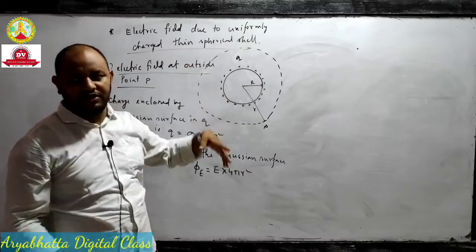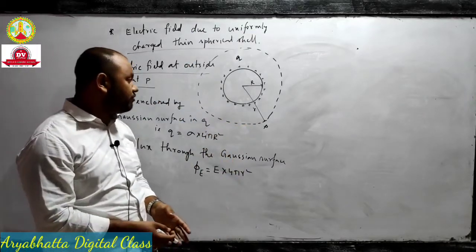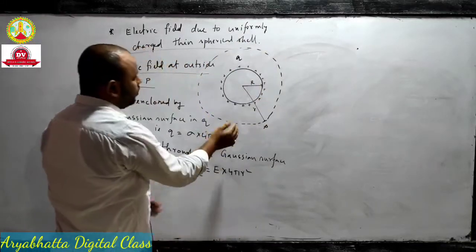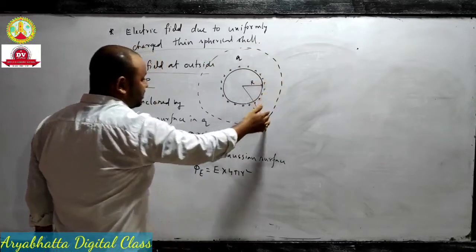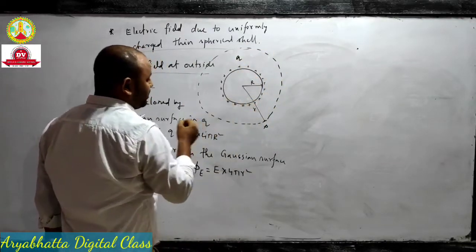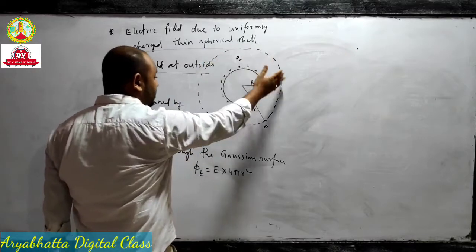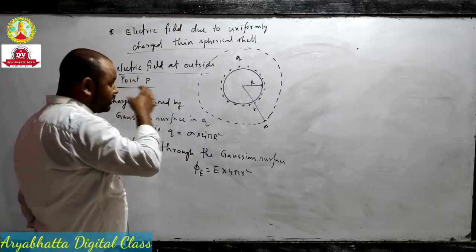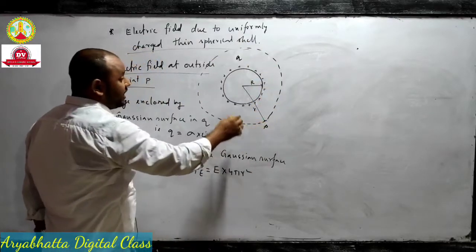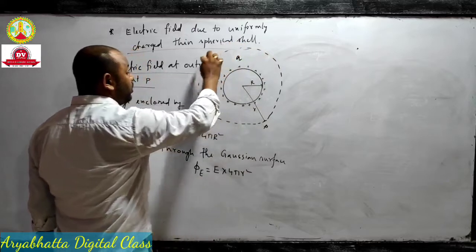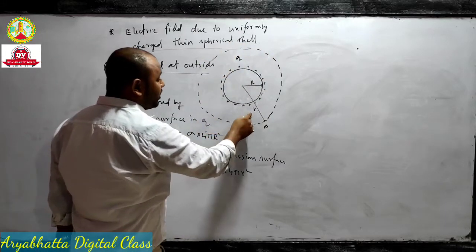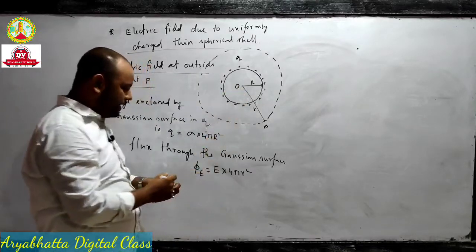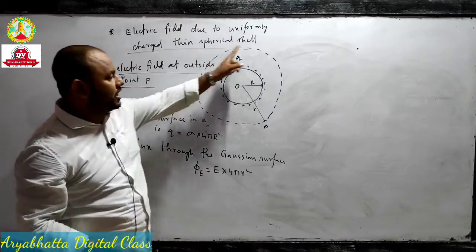It is a dot product of electric field and area vector, or a measure of field lines passing through an area. We need flux for this Gaussian surface. This Gaussian surface is a sphere of radius small r. Therefore, the surface area of this Gaussian surface will be equal to 4 pi r square. And this is a sphere, and every point on this sphere is at an equal distance from the center O. Therefore, the electric field at every point will be the same.